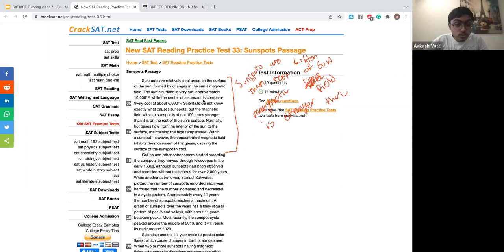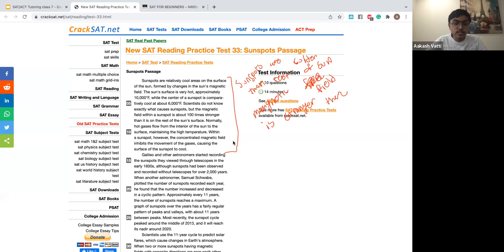All right. Galileo and other astronomers started recording the sunspots they viewed through telescopes in the early 1600s, although sunspots have been observed and recorded without telescopes for over 2,000 years. When another astronomer, Samuel Schwabe, it's fine, you don't need to remember the exact pronunciation of the name, plotted the number of sunspots recorded each year, he found that the number increased and decreased in a cyclic pattern. Approximately every 11 years, the number of sunspots reaches a maximum.